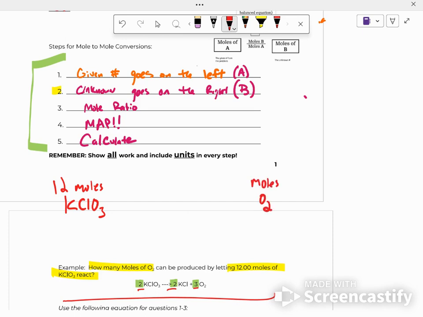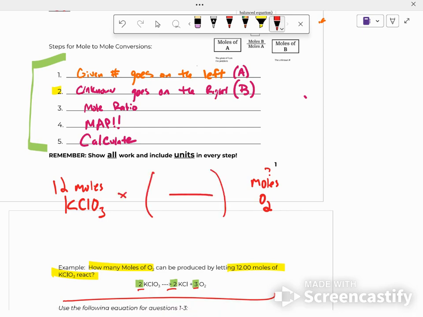Now, if you're savvy at math, you can probably apply the recipe without doing the steps, but all we care about right now is how you set it up. If you have 12 moles of KClO3, how many moles of O2 can you make? Next we're going to use our mole ratio to help us.